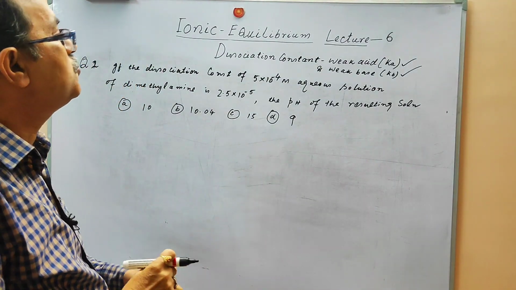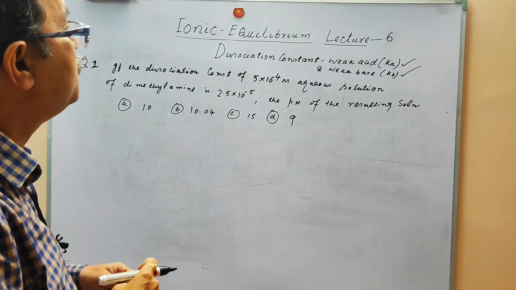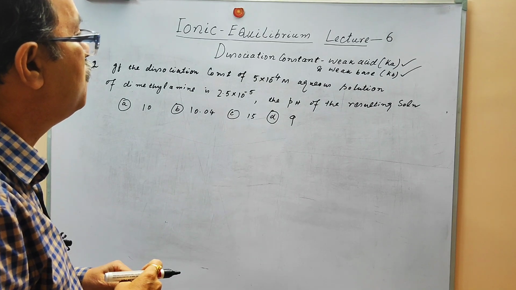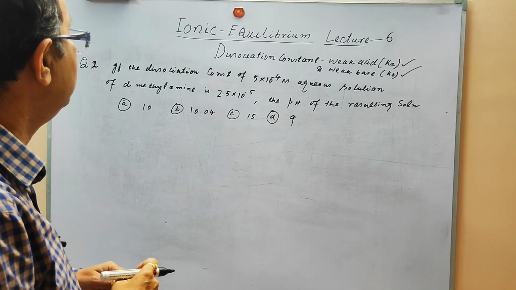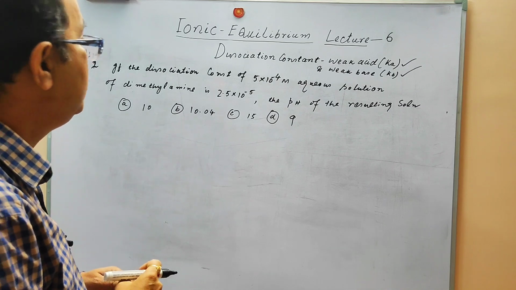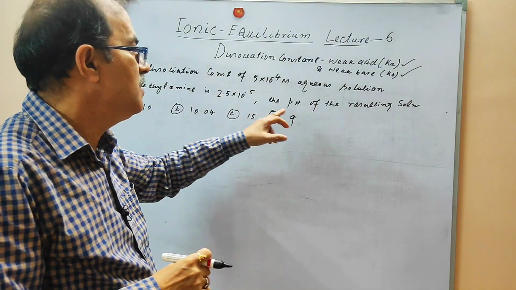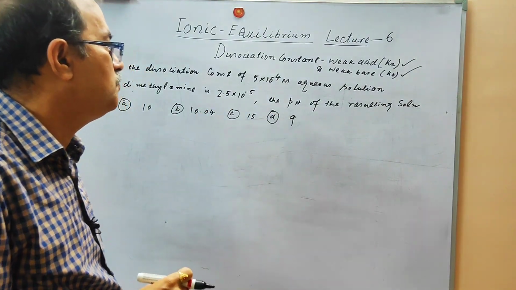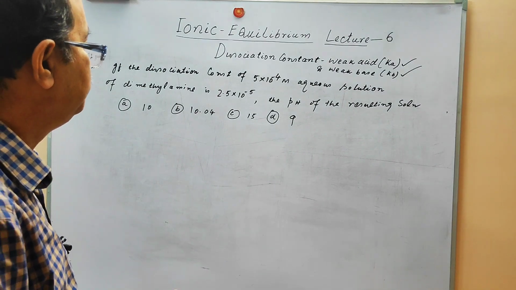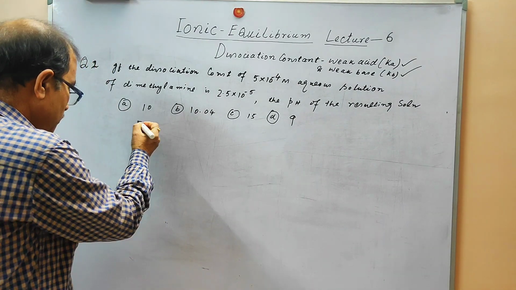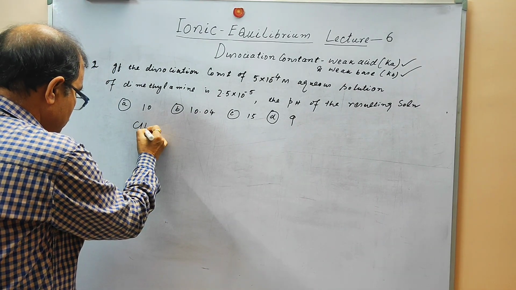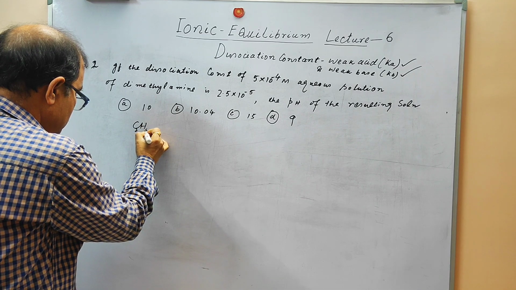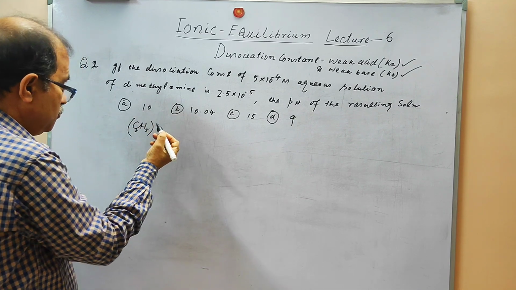If the dissociation constant of 5 into 10 to the power minus 4 molar aqueous solution of dimethylamine is this, then you have to calculate the pH of the resulting solution. So for that, first we have to write the dissociation reaction.